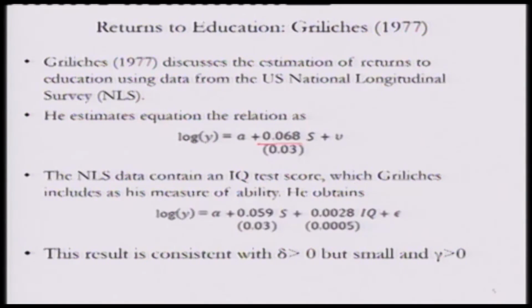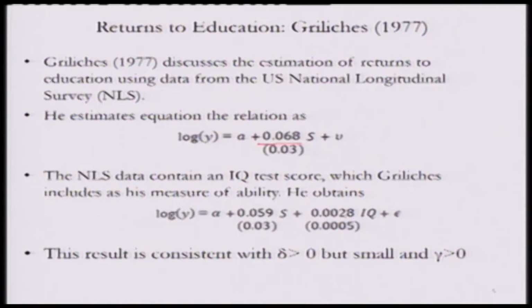In this particular data set, there is a variable that can be used as a proxy for ability, which is the IQ test score. So the NLS data contains IQ test scores, which Griliches then includes in the previous short equation, and now you have the true equation, which is log earnings as a function of both schooling and IQ.